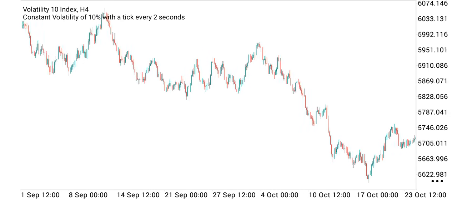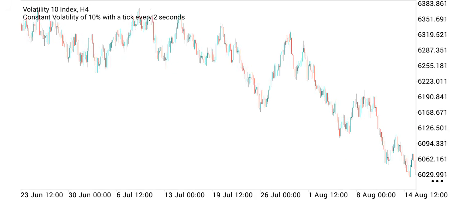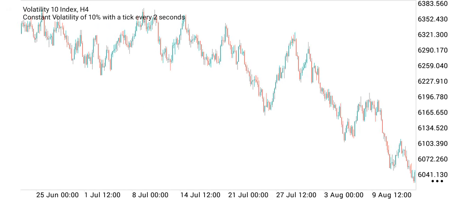I'm trying to pick a sweet zone, where we can just trade clearly.